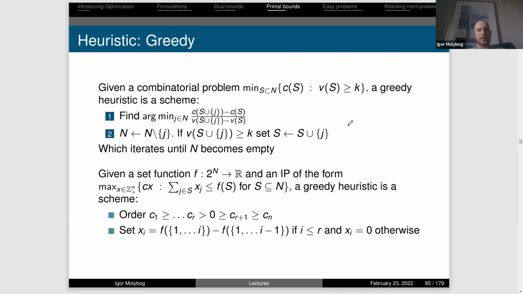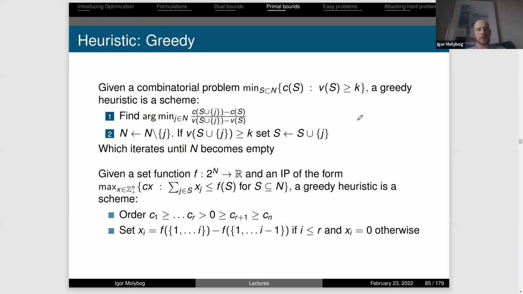The greedy heuristic is essentially telling you that you need to look at your problem, divide it into parts, into items, and then assign a value to each item, and take those items that are of the greatest value, or construct an iterative process that selects the items of the greatest value.